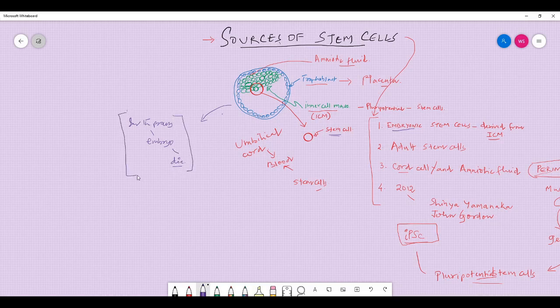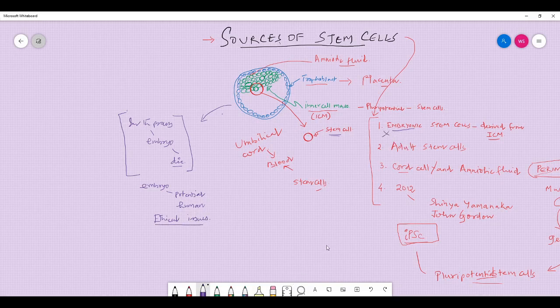We have to remember this embryo is a potential human being. If it is allowed to go to term, then it will become a human being. But here, because we are removing the stem cells, the embryo will die. So we don't have ethical clearance. There are ethical issues, so this is not a very good option.